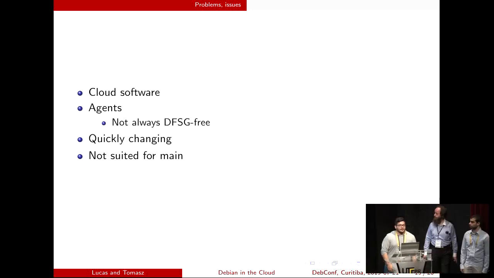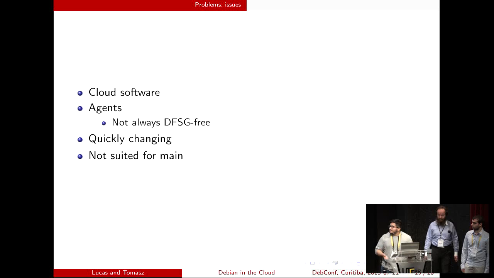Most of those cloud providers run agents inside those images, and those agents are not always DFSG compliant. So usually they are not suited for main, and so we can't put them in our official Debian image, and that's not good for the user experience.